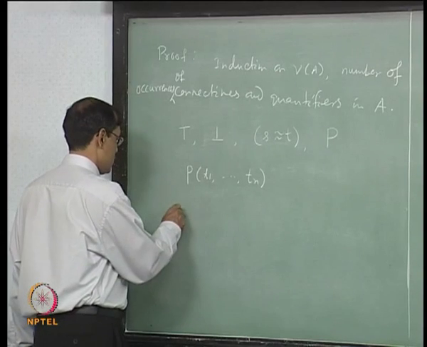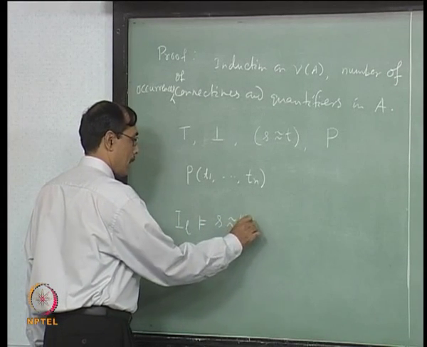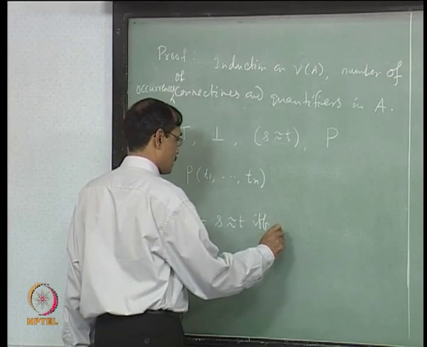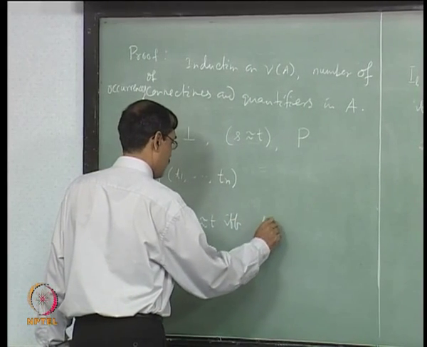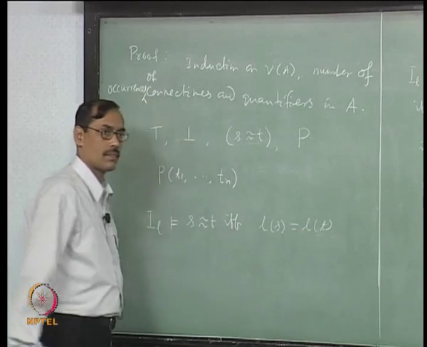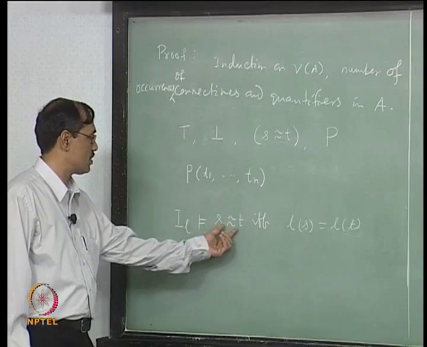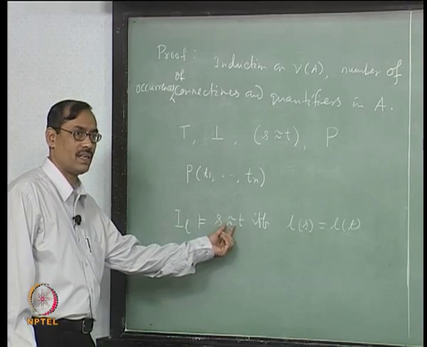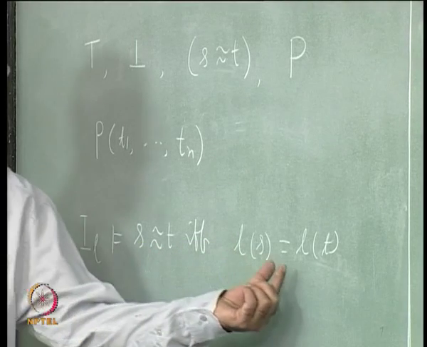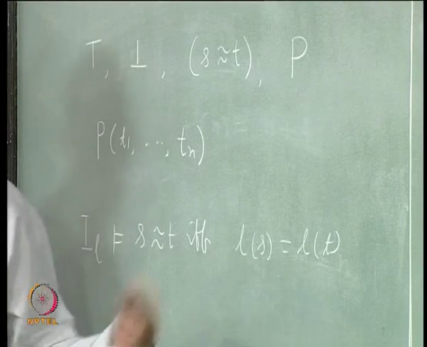So, it will come this way: I L satisfies S equal to t if and only if L of S equals L of t, because this identity or equality symbol is interpreted as equal to in the concrete domain, whatever your domain D is.